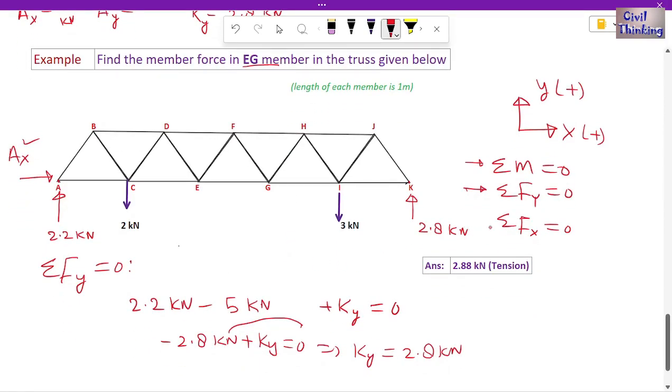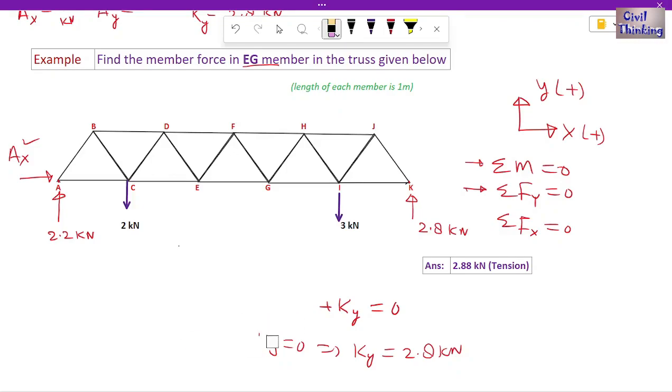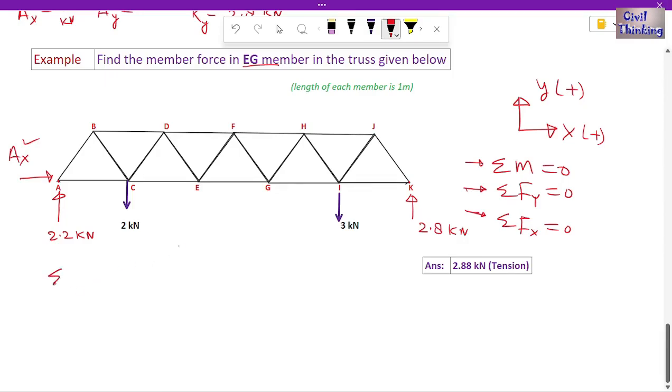Okay, now we will apply summation of forces about x-axis is 0. Let me erase this first. So let us apply this equation. Summation of forces about x-axis is 0. So we have to add up all the forces along the x-axis, horizontal axis, and remember the force towards right is positive and towards left is negative.